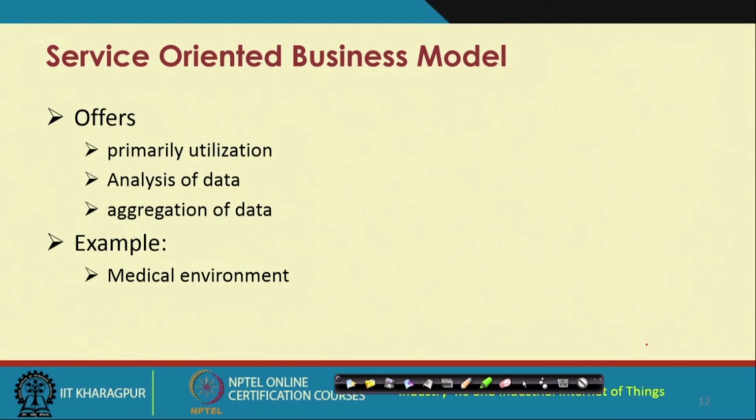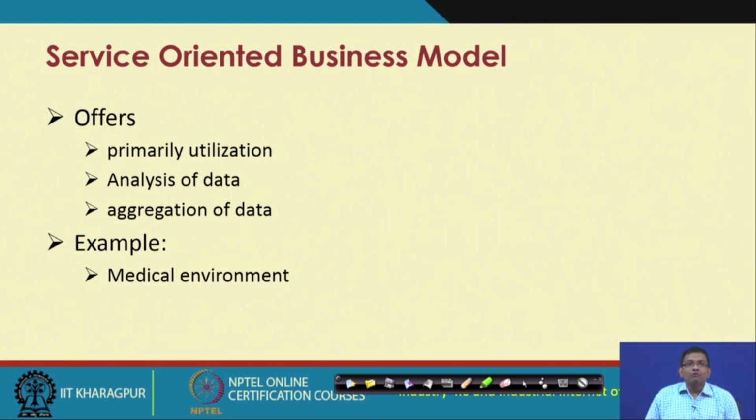The service oriented business model is all about services, service offerings such as the primary utilization, the data that is collected, analysis of the data, aggregation of the data etc. are very important in the service oriented business model. Examples are medical environments.